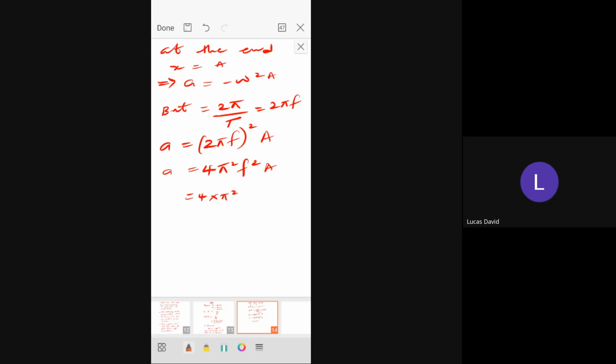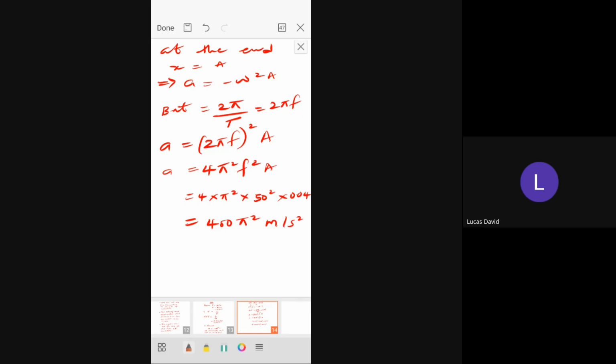So 4 times pi square times frequency, 50 square, then multiplied by A, which is 0.04. So everything here is going to be equal to 400 pi square. Of course, the unit is going to be meters per second square.